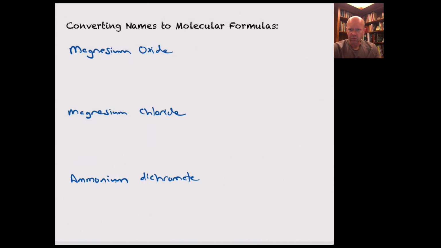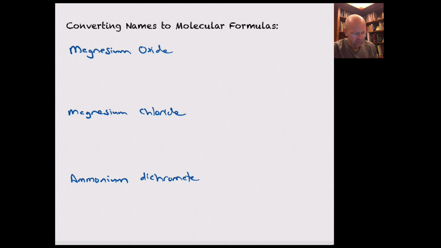So far what we've been doing is taking examples of molecular formulas and converting them into the name. It's important that you're able to go both directions with that process. And so here are a few examples of names, and let's practice going back to the molecular formulas.